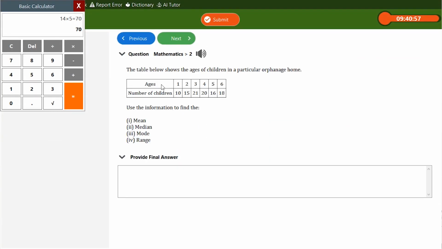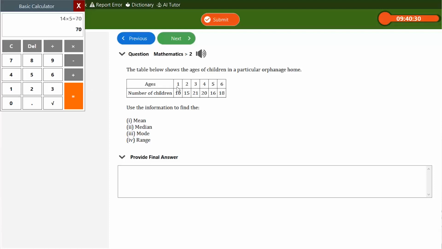So let's look at the next one. This one says, the table below shows the ages of children. Please, if you don't understand the previous thing we did, just go back to what I just explained. You should understand it, or you ask question in the comment section. The table below shows the ages of children in a particular orphanage home.